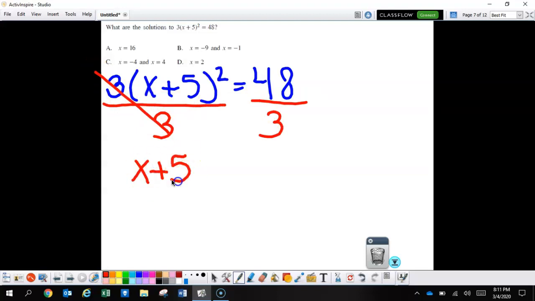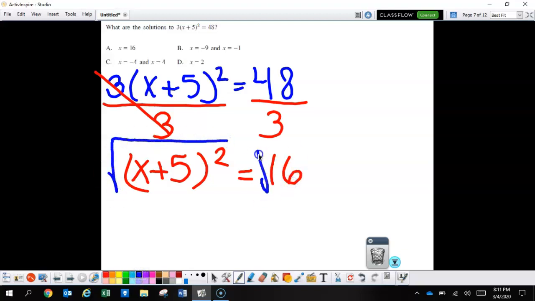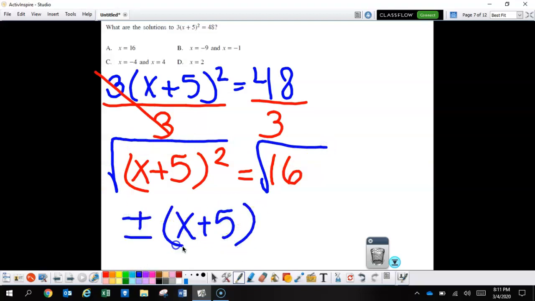So x plus 5 in parentheses squared equals 48 divided by 3, what is that? 16? Okay, then you take the square root of both sides. So plus or minus x plus 5 is equal to the square root of 16, which is 4.